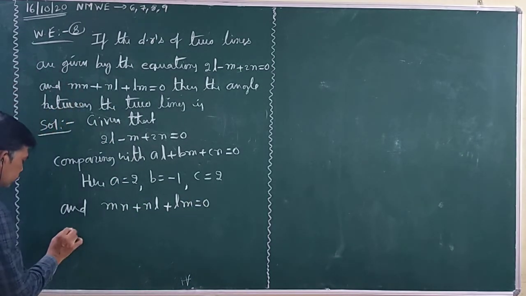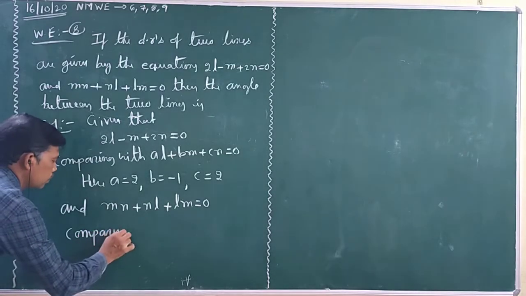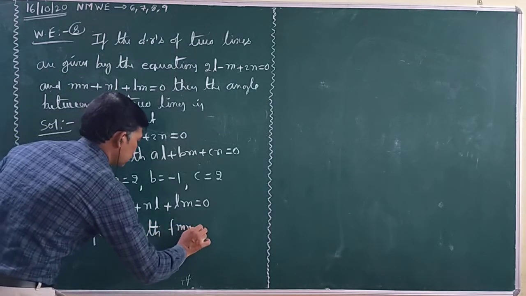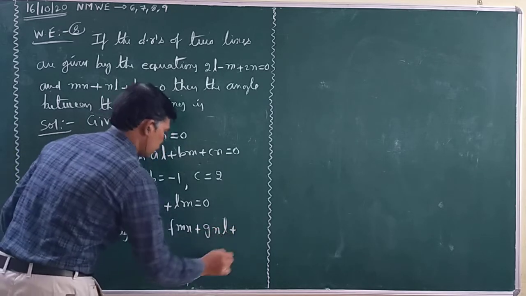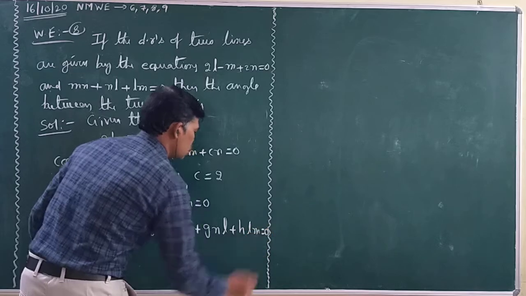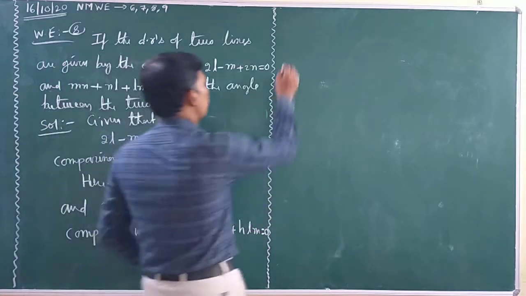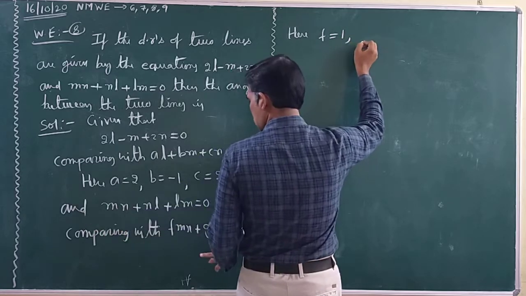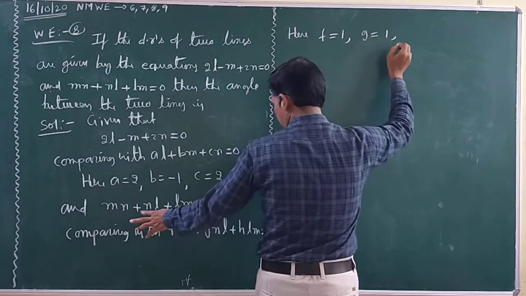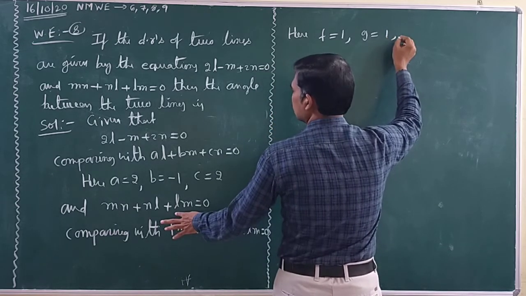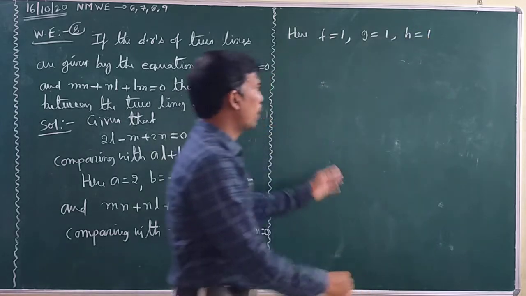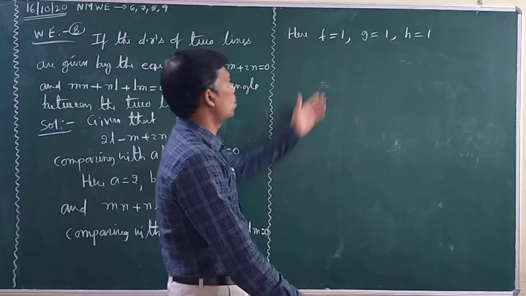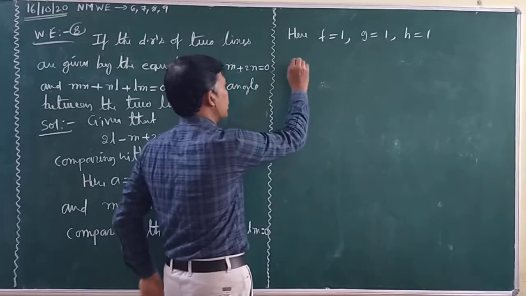Comparing with Fmn plus Gnl plus Hlm is equal to 0, here F is equal to 1, G is equal to 1, H is equal to 1. So F, G, H values are 1, 1, 1.